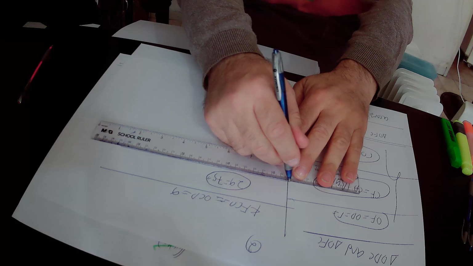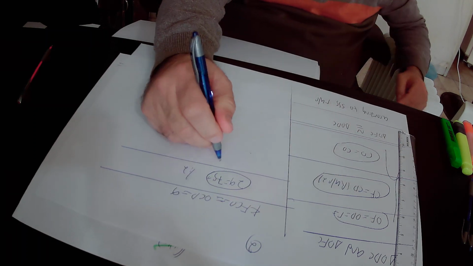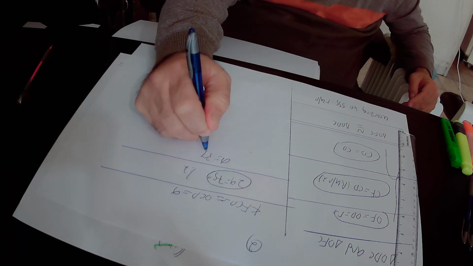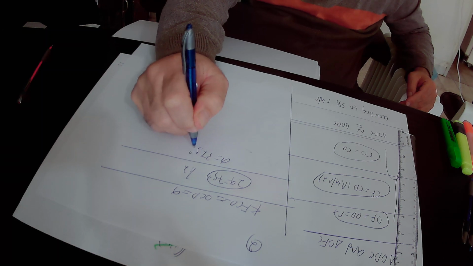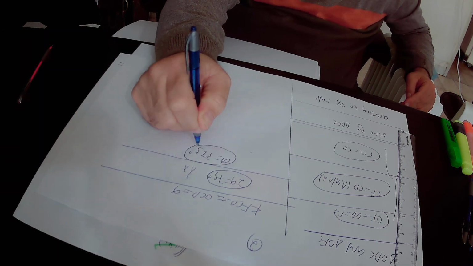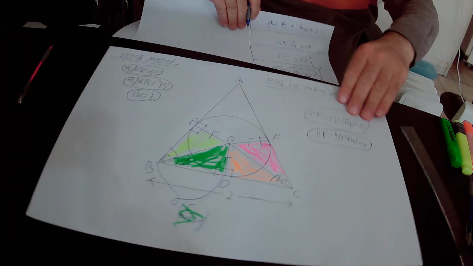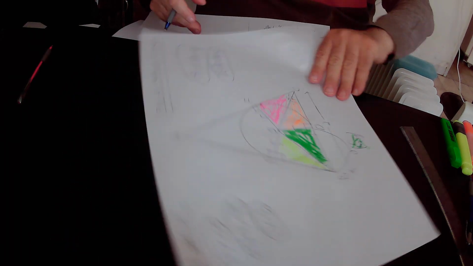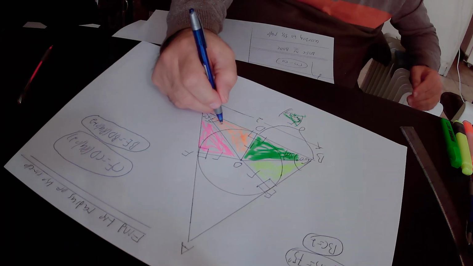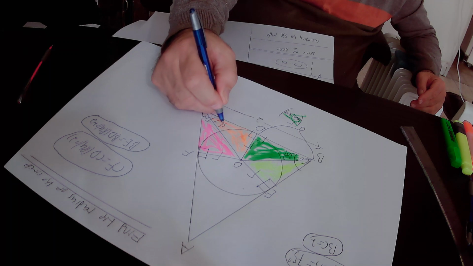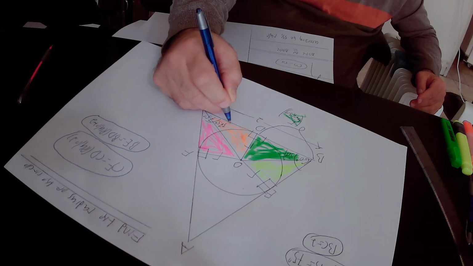We divide this equation by 2 and get that alpha equals 37.5 degrees.